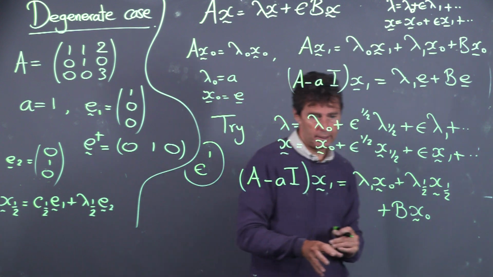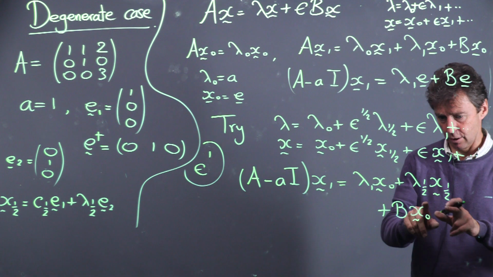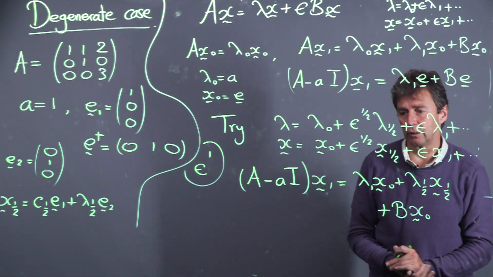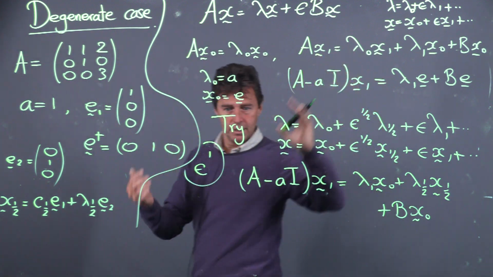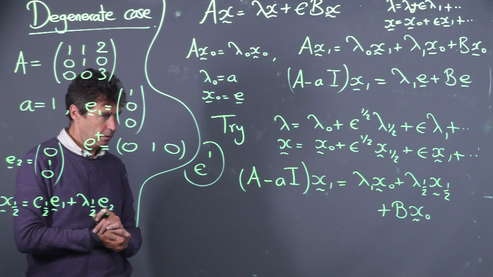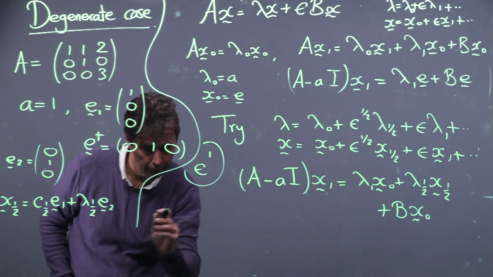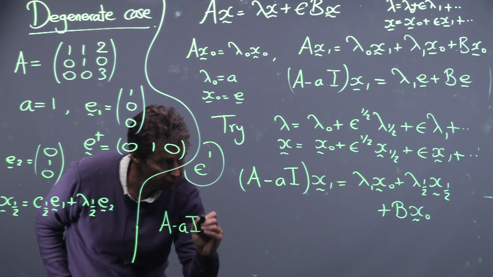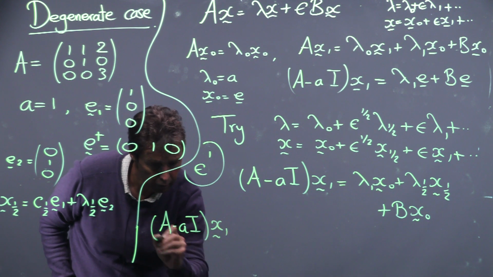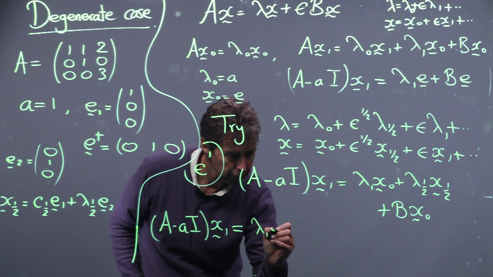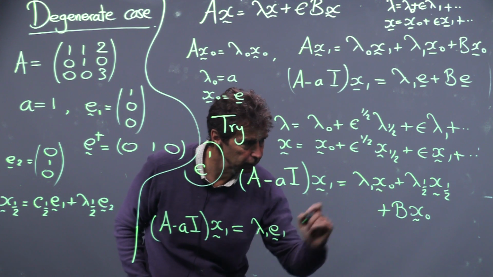So previously I just had a term with the lambda 1/2 in there. Now I've got 2 extra terms. So I've got 3 terms on the right rather than 1, as in the previous epsilon to the 1/2 set of terms. Okay, let's fill everything in. So I've got A minus AI x1 equals, so it's lambda 1 times E1, that's what x0 is.